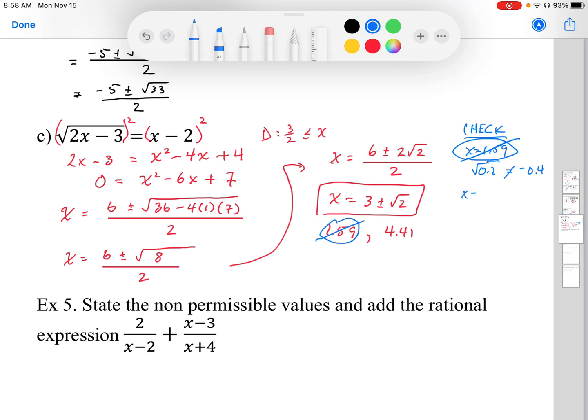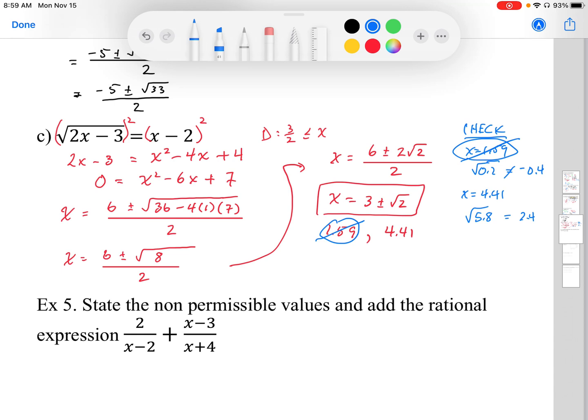Then if I check x equals 4.41, that's going to be about 8.8 minus 3, about the square root of 5.8. And on this side, we're going to end up with 4.41 minus 2, which is about 2.4.